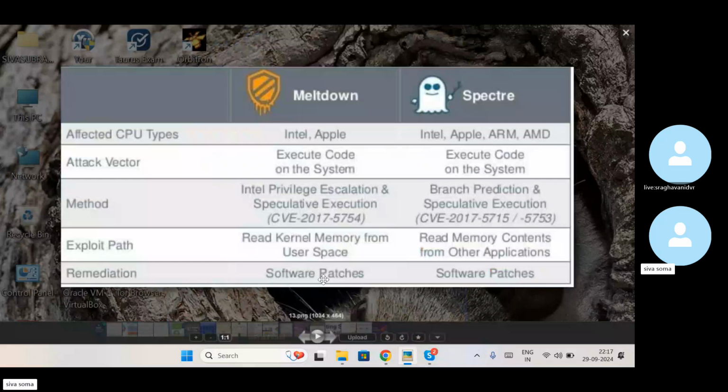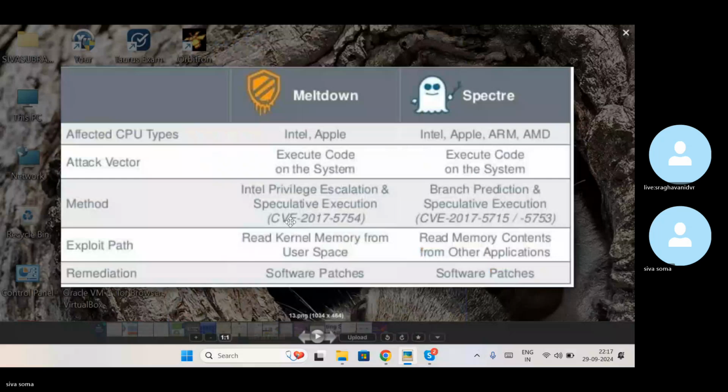I will give you a description of the CVE; how we can identify CVEs is in the next chapter. So now you know Meltdown and Spectre are hardware-based vulnerabilities.